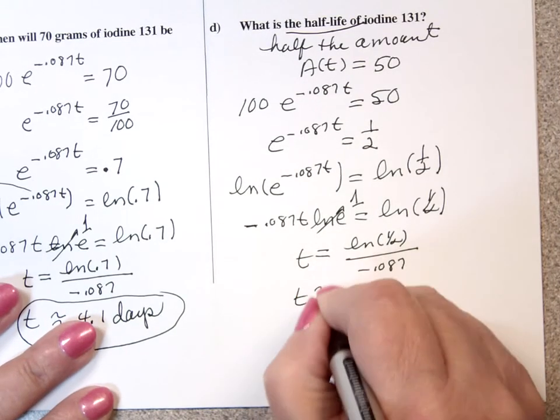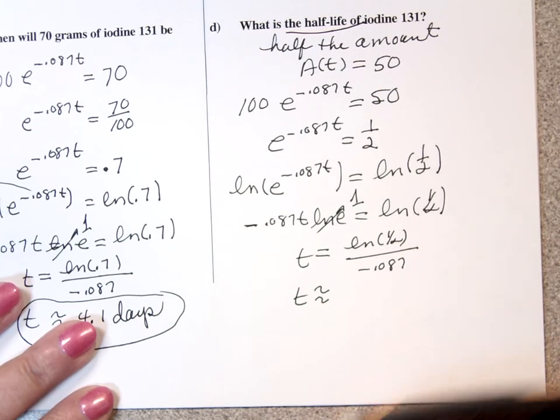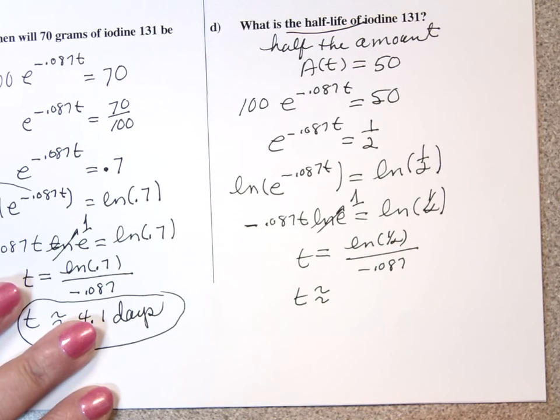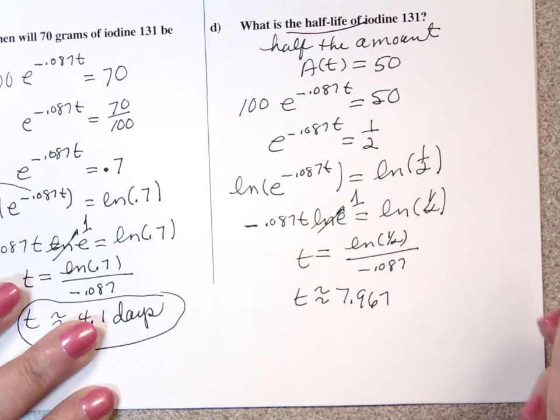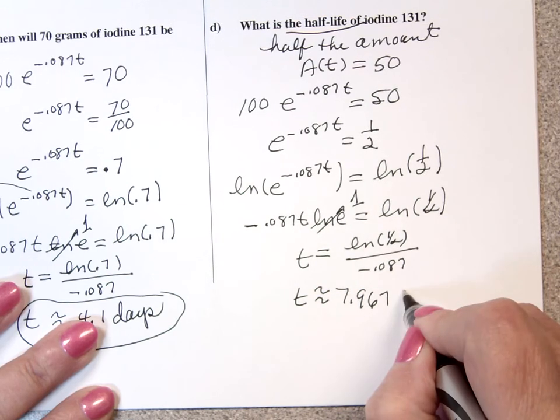Or t is approximately, well, it's 7.967. What's the units?